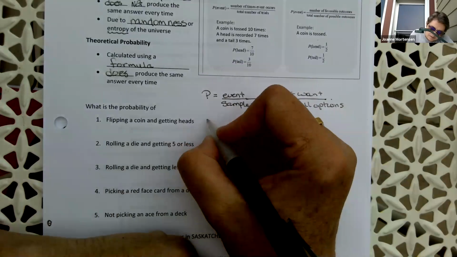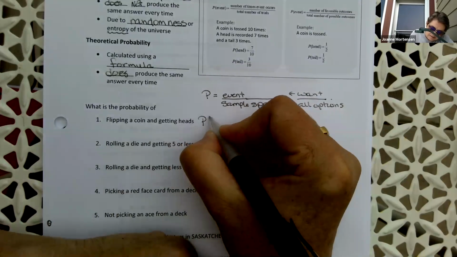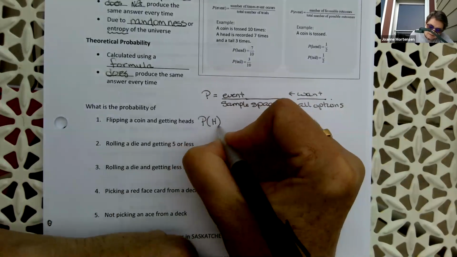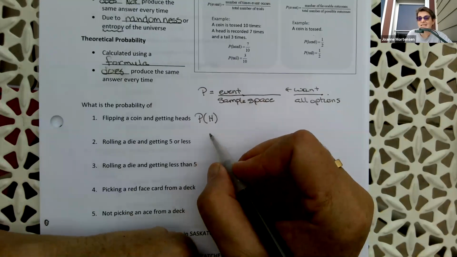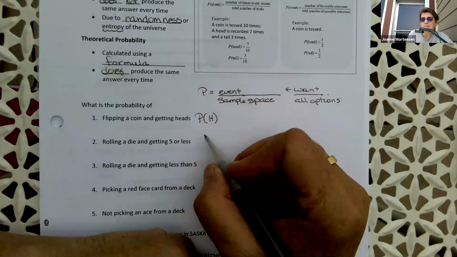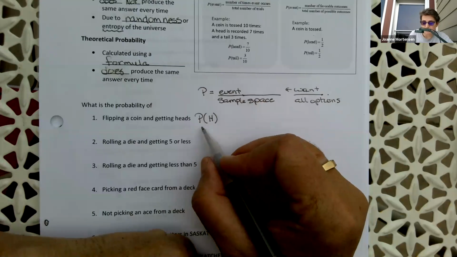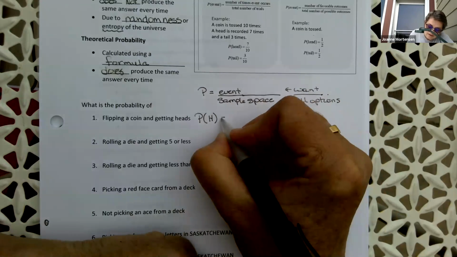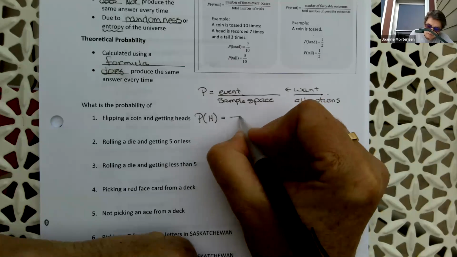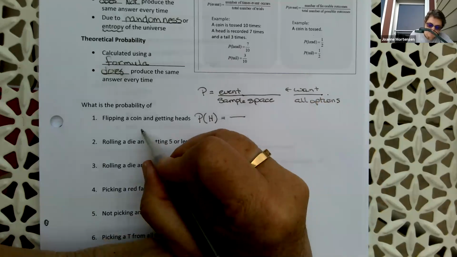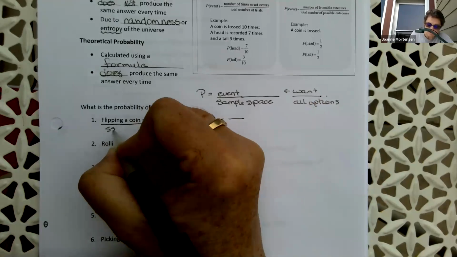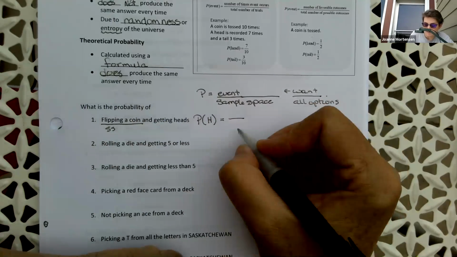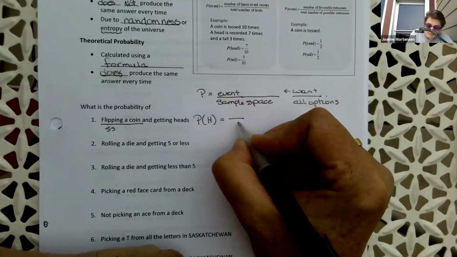So we're going to make it look nice. The probability of getting heads, see, mathematicians are really good at making shortcuts. So instead of writing all that, we're just going to do that. Is equal to, now, our sample space, if we're flipping a coin, there are two choices. It's going to be heads or it's going to be tails.